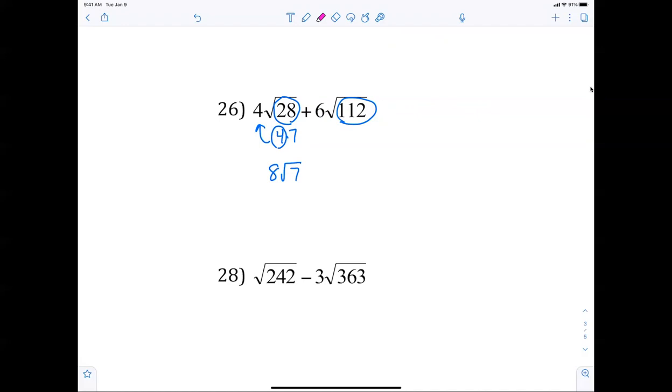So you're hearing me on that, right? So that's 16 times 7. And what's the square root of 16? 4. When you see a 6 out in front, so it'd be 24, right, plus 24 radical 7. And now 24 plus 8, 32 radical 7.